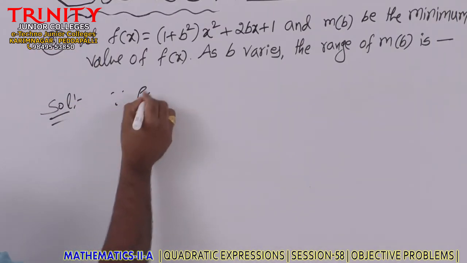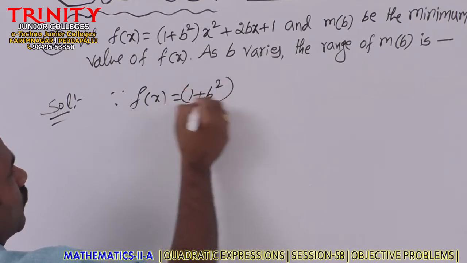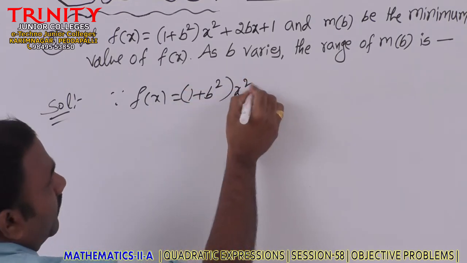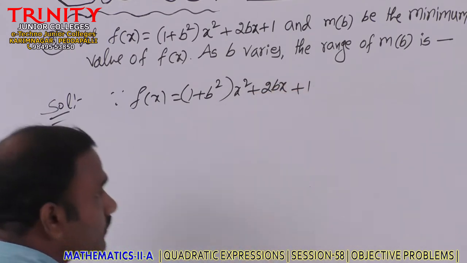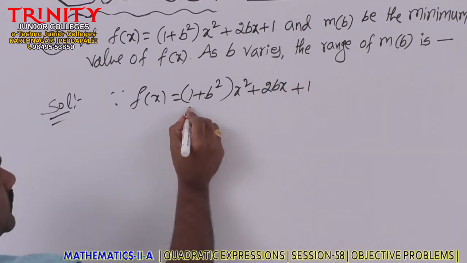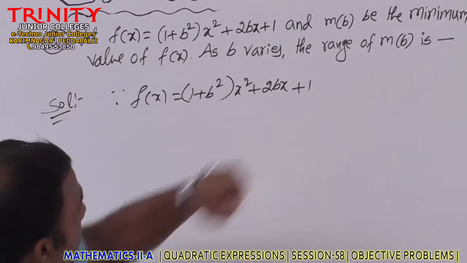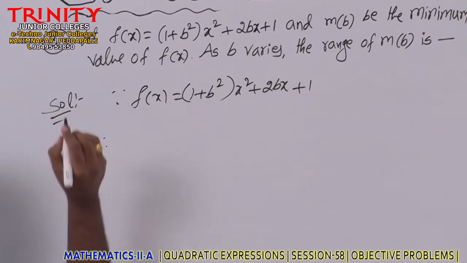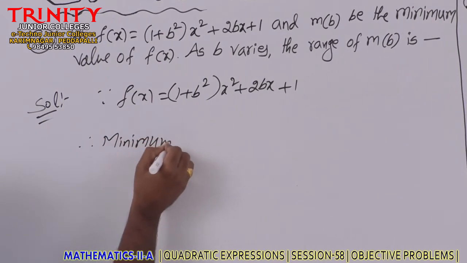Since f of x is equal to 1 plus b square into x square plus 2bx plus 1, I was asking the minimum value. Therefore, minimum value.